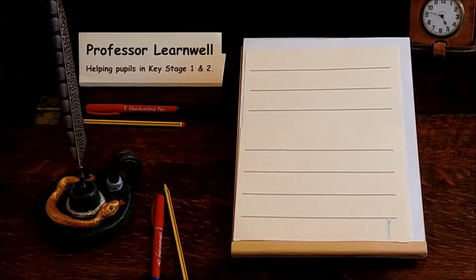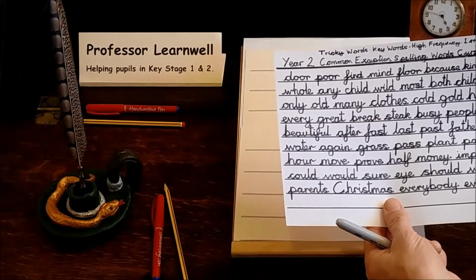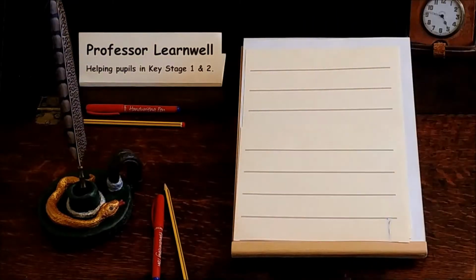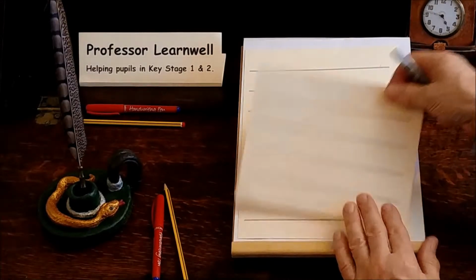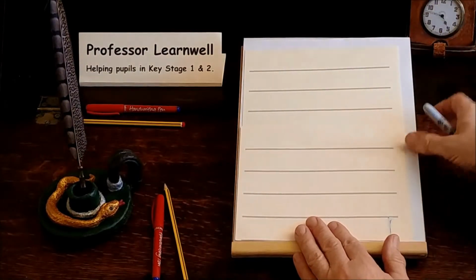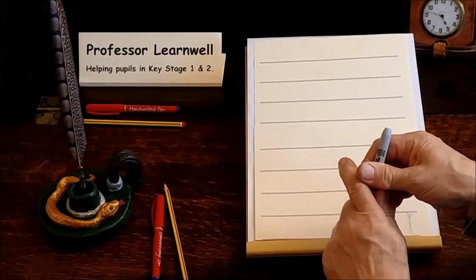Anyway, let's continue because there are a lot of words to get through in the Year 2 Common Exception spelling word lists. So, after kind, you might well notice that we have a pattern here in the word kind, because the next word is behind. So, let's make a start with that.